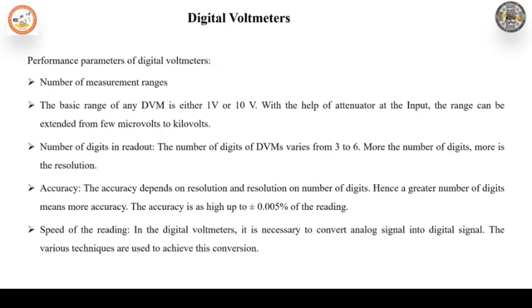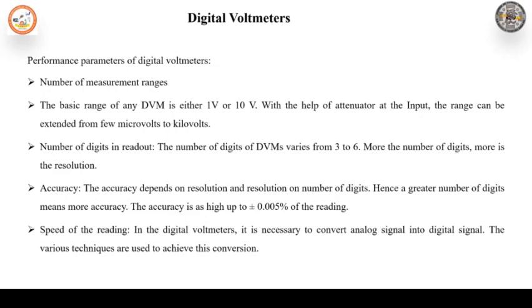The circuits used to achieve such conversion are called digitizing circuits and the process is called digitizing. The time required for this conversion is called the digitizing period. The maximum speed of reading and the digitizing period are interrelated.